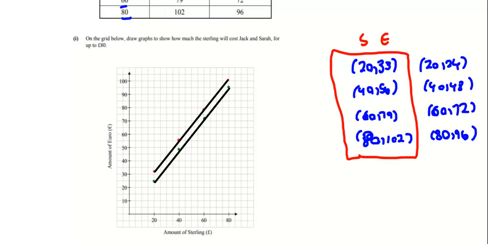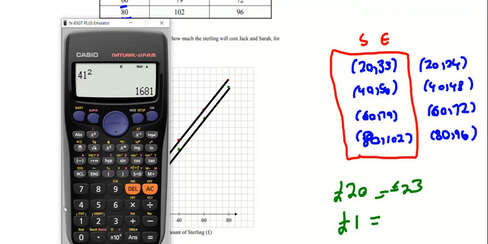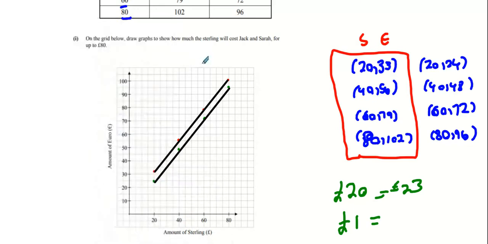Now one of them has a slope of, if you look at it, for every 20 pounds, we're getting an extra, what is it, 23 euro. So that means one sterling is going to be, what's 23 divided by 20? €1.15. So the slope is 1.15 there.